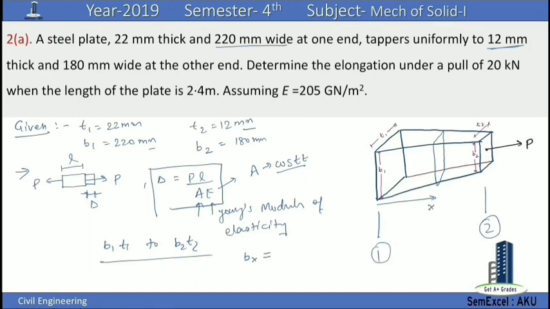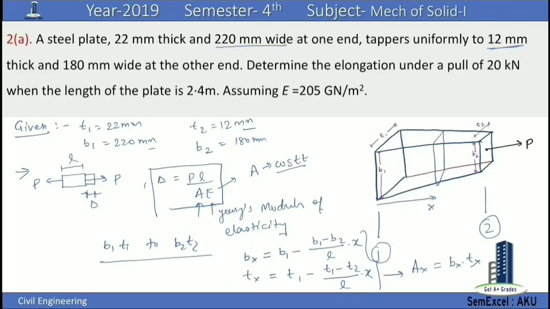That will be equal to B1 minus B2 by L into X. Again the thickness T at X is equal to T1 minus T2 by L into X. Again we have to calculate the area at X is equal to Bx into Tx.